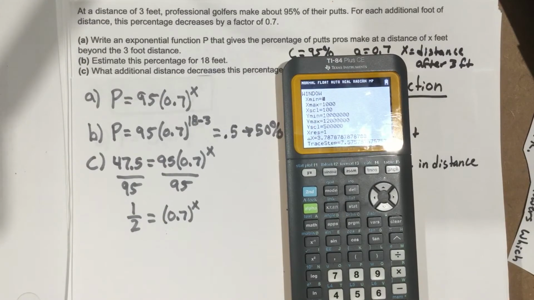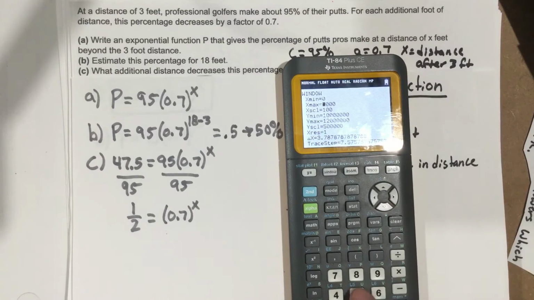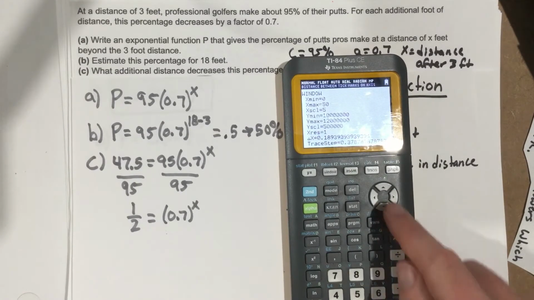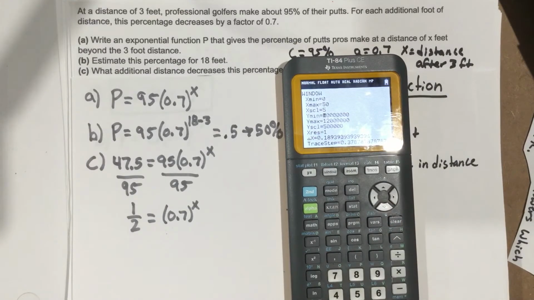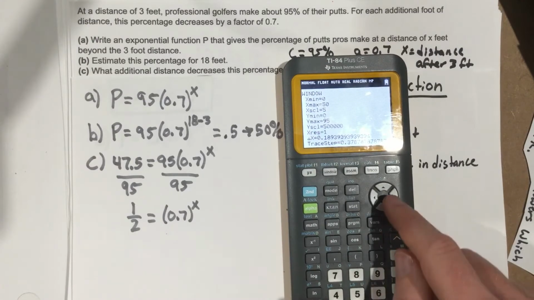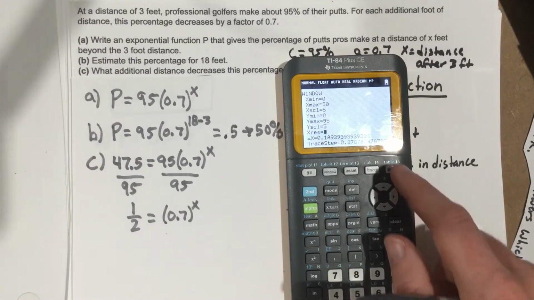The lowest we can have is 0, I suppose. And the max, we'll say 50. And we'll go up by 5s. And then for the y values, the most we can have is 95. So the max is 95. The min then would be 0. And let's go up by 5s there. Graph it.